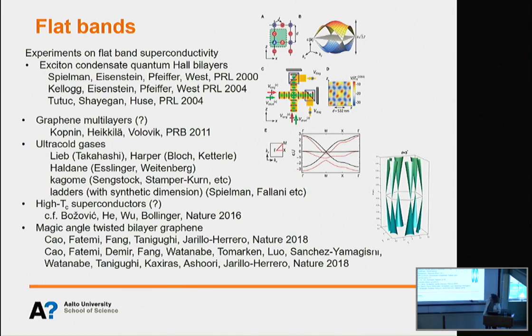Another way is to take some systems where you have fluxes, because then you can have a flat band basically by creating Landau levels. And then, of course, there is this recent discovery, I think in the sense of Tillman Esslinger, of this magic angle bilayer graphene superconductivity, which we will hear more about tonight.